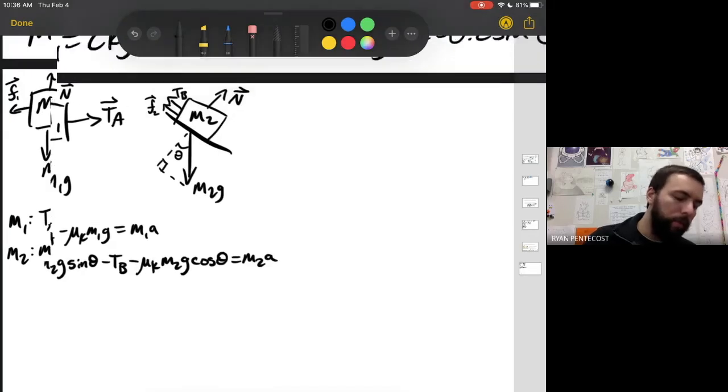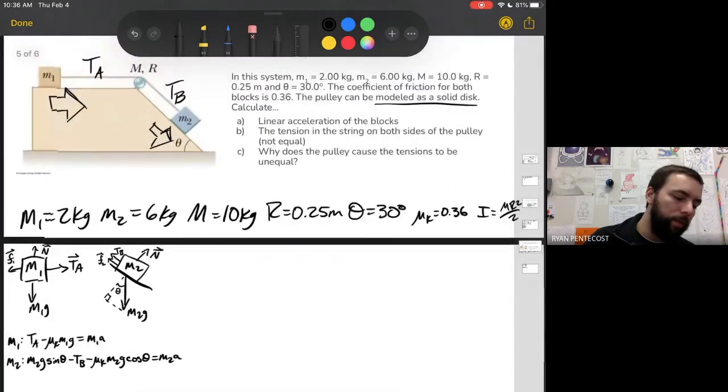Now we have the pulley, right? Let's look at that pulley.